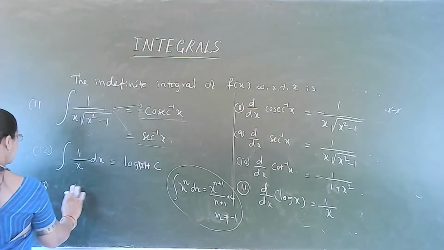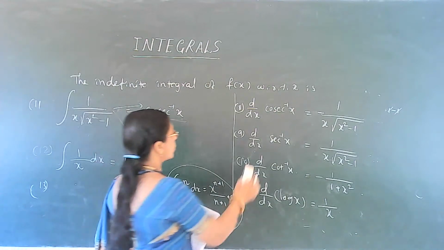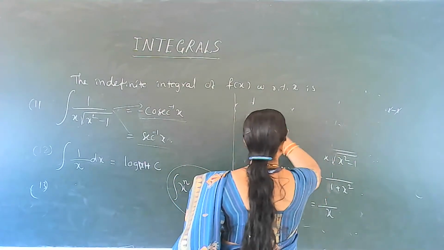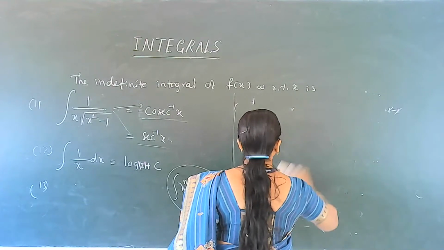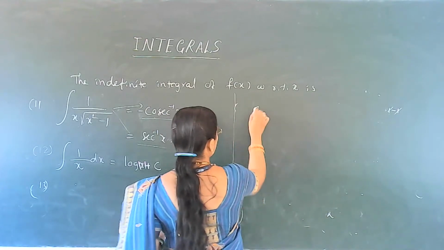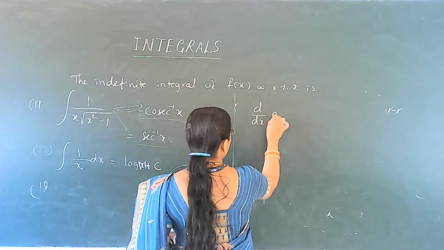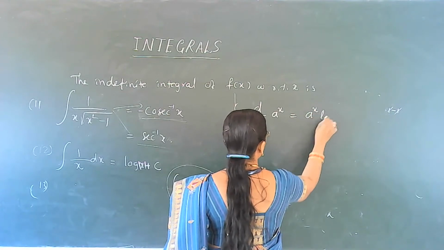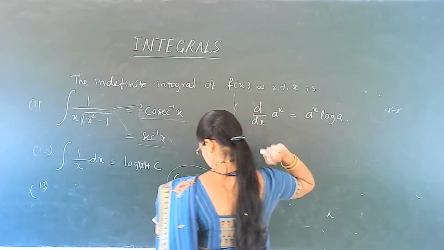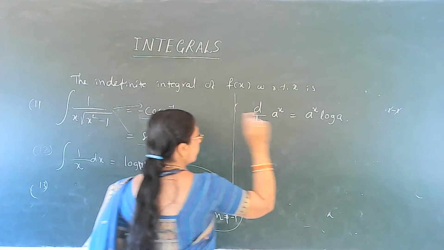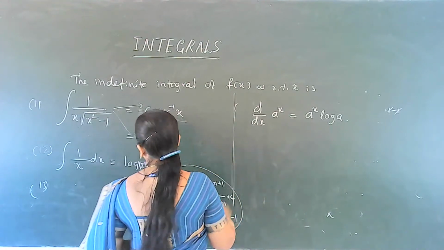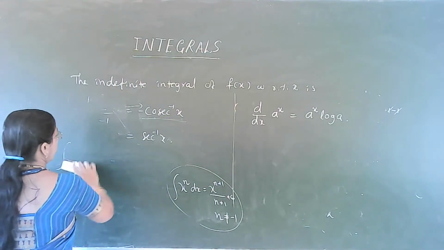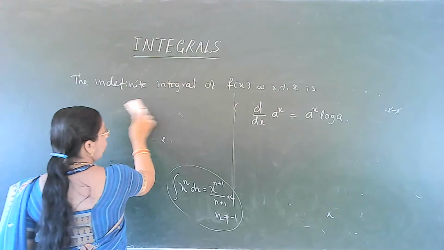Next one, a to the power x. d by dx of a to the power x is equal to a to the power x into log of a. Then here, integration of a to the power x log a.